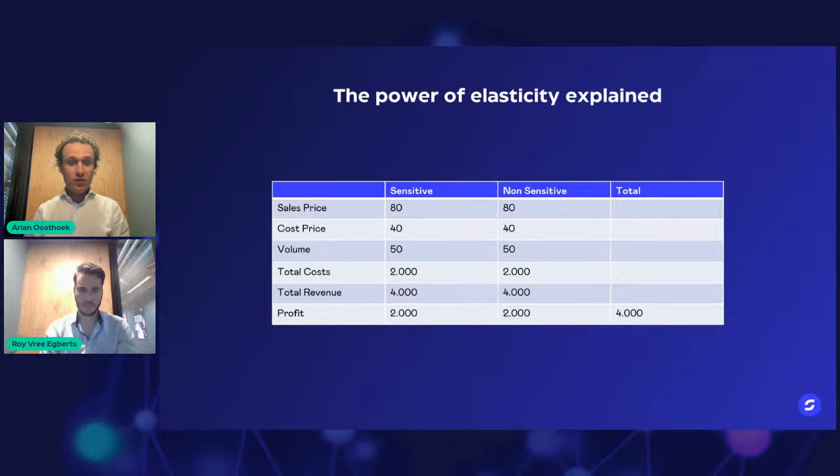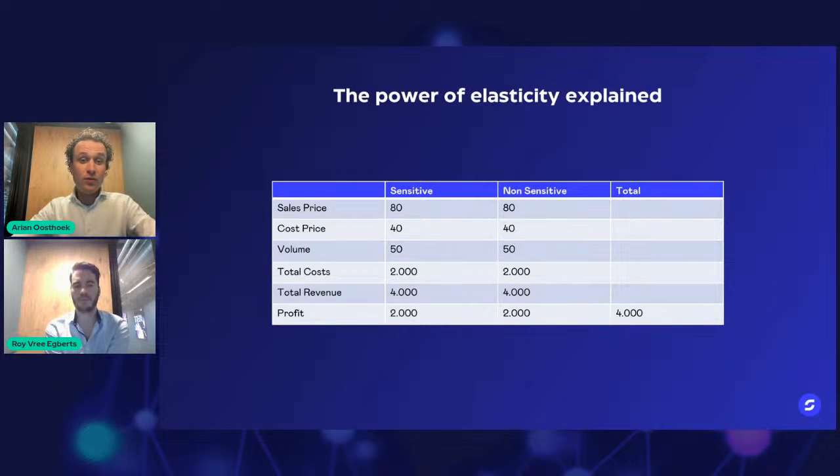So the total cost of this specific product is 50 times 40, which is 2,000. And the revenue, of course, is the sales price times the volume. That makes 80 times 50, which is 4,000. The profit is, of course, 4,000 minus 2,000.